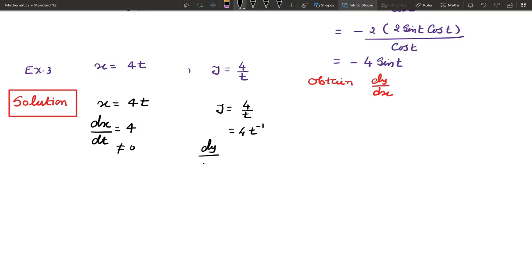So dy by dt, this is minus 4 t raised to minus 2. Use formula d by dx of x raised to n is n x raised to n minus 1. So minus 1 in the multiplication, so minus 4, you have to reduce one power, so it is t raised to minus 2, or this is minus 4 upon t square.